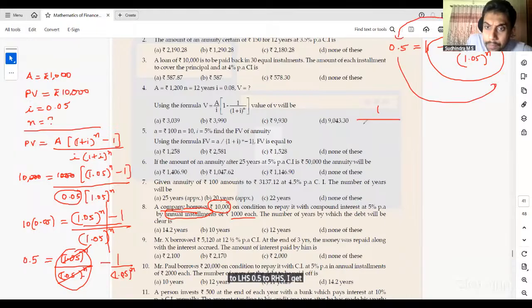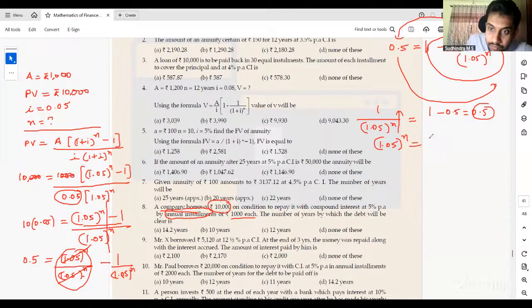I get 1 divided by 1.05 to the power n is equal to 1 minus 0.5, which is 0.5 itself. If I take the reciprocal, 1.05 to the power n goes to the numerator. Reciprocal of 0.5 is 2.